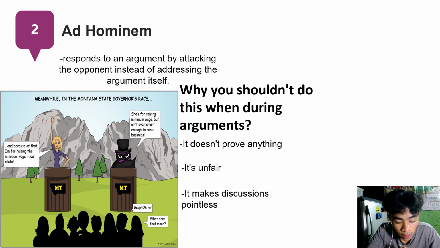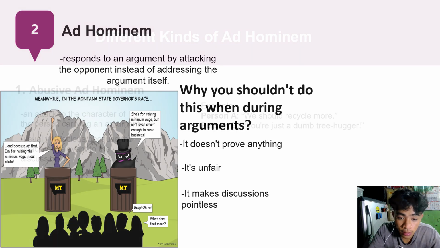The fallacious attack can also be directed to memberships in a group or institutions. So, why should you not do this during arguments? It doesn't prove anything. It's unfair, and lastly, it makes discussions pointless.